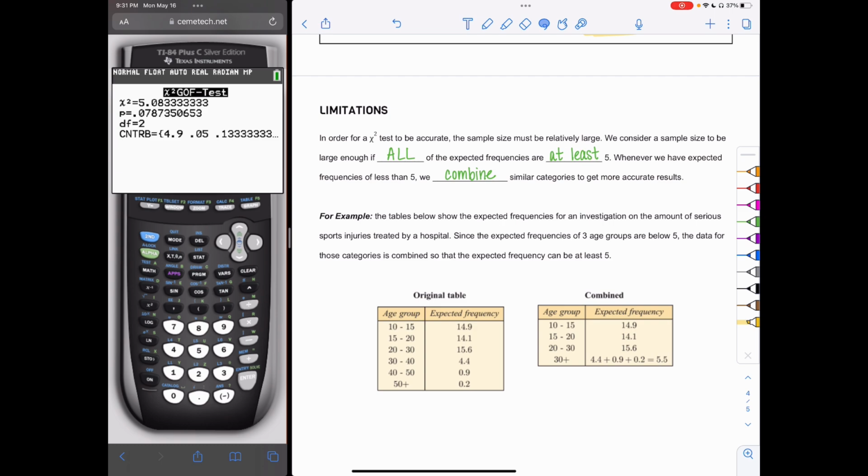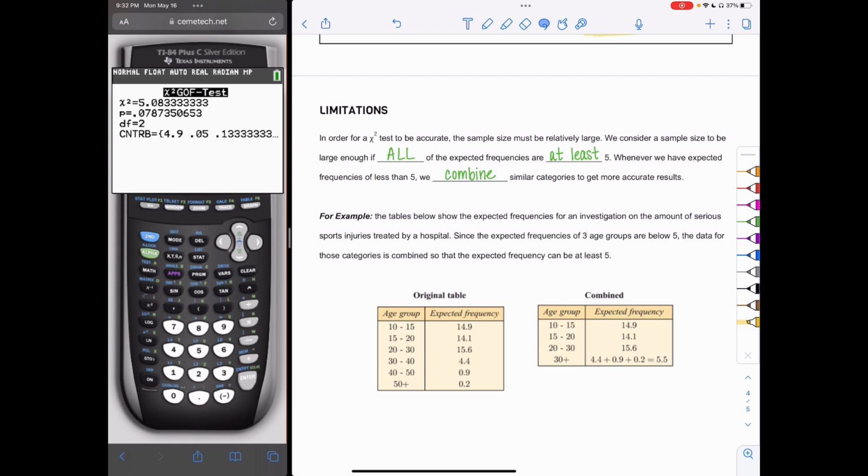So as you can see here, the age groups of 30 to 40, 40 to 50, and 50 plus are all below 5 individually. However, I can't just combine the 30 to 40 and the 40 to 50 age group because the 50 plus group will still have an expected frequency of less than 5. So I combined all three of them to give me a combined expected frequency of 5.5 by adding those together.